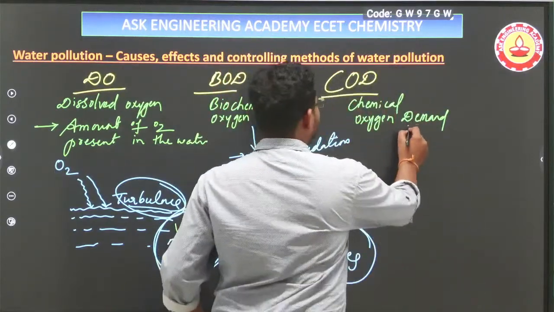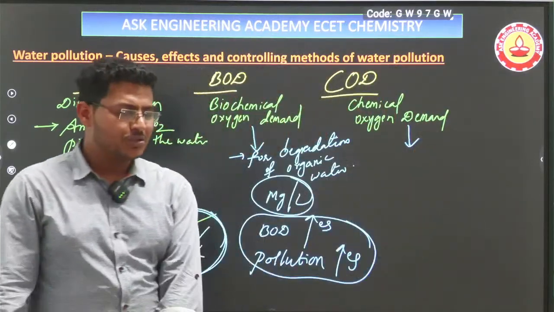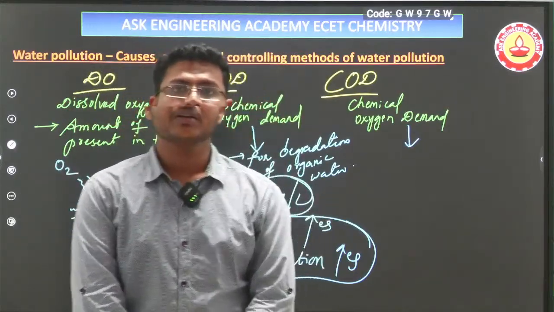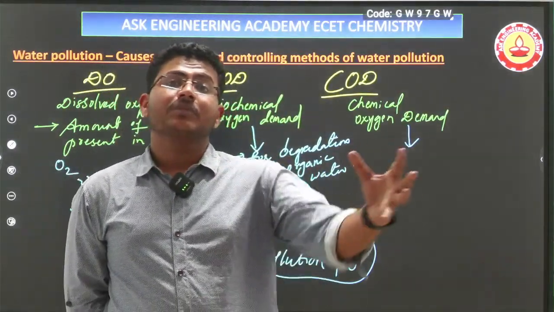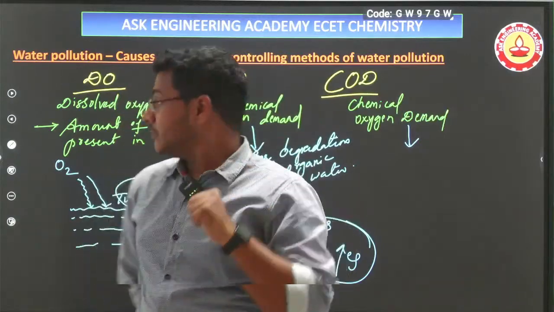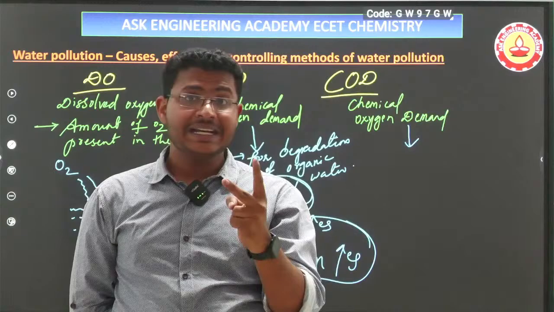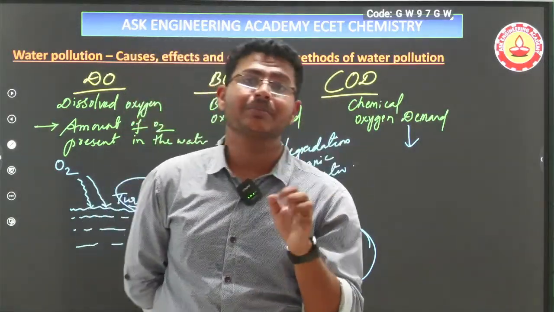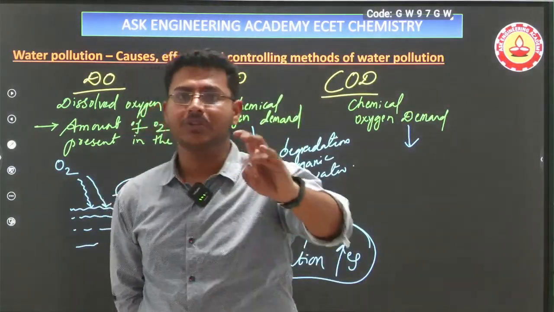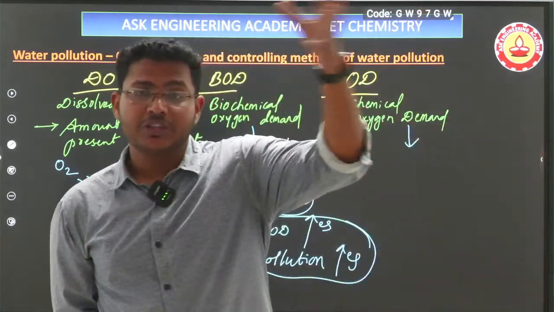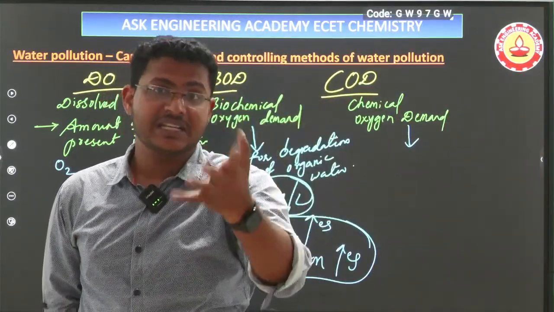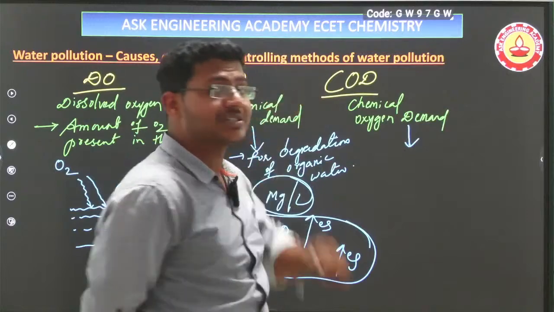Next, chemical oxygen demand. Chemical oxygen demand is also similar to the biochemical oxygen demand. Chemical oxygen demand means the total amount of oxygen required for the degradation of both organic and inorganic matter. In water there is organic matter and inorganic matter. The oxygen required for all of that to degrade is called chemical oxygen demand.